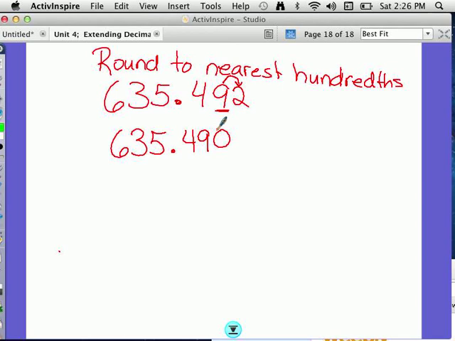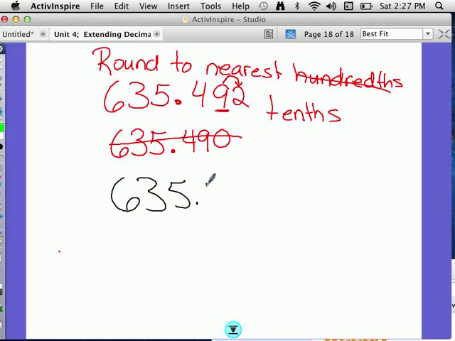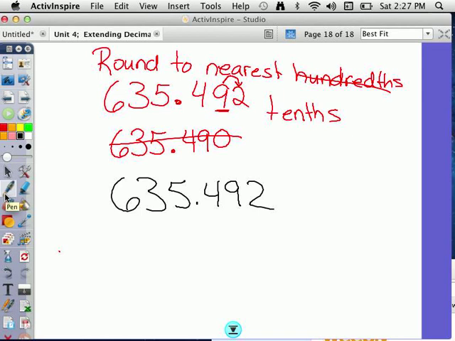Now, if we took this same number and were asked to round it to the nearest tenths place, it's going to look a little different. Let's rewrite the number: 635 and 492 thousandths. If we round it to the nearest tenths place, again, underline the place value you're expected to round, which will be the digit 4.